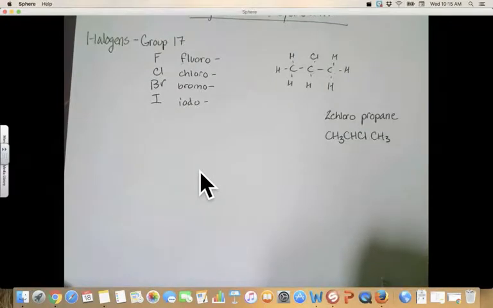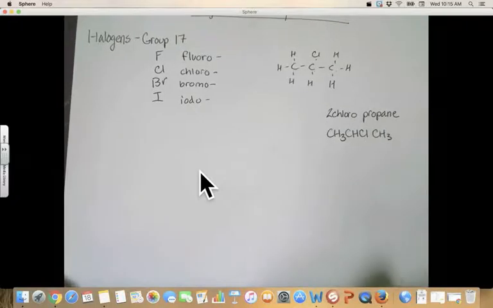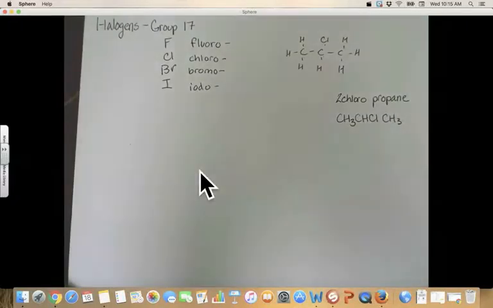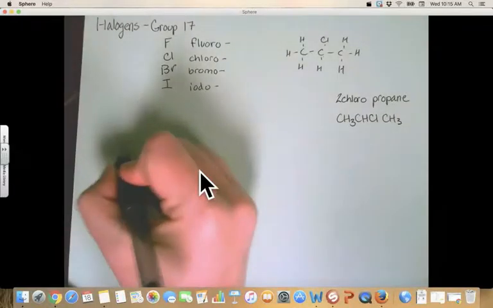Well, what if we had more than one halogen on there? Okay, let's try this one.